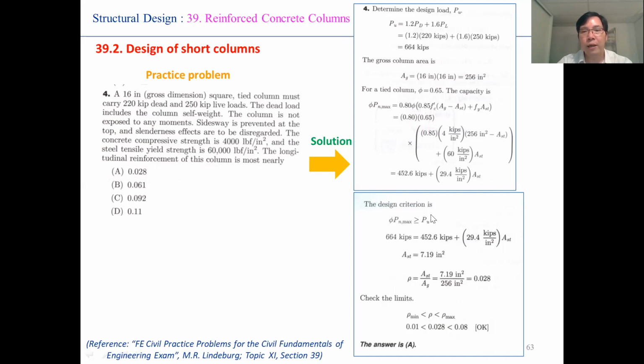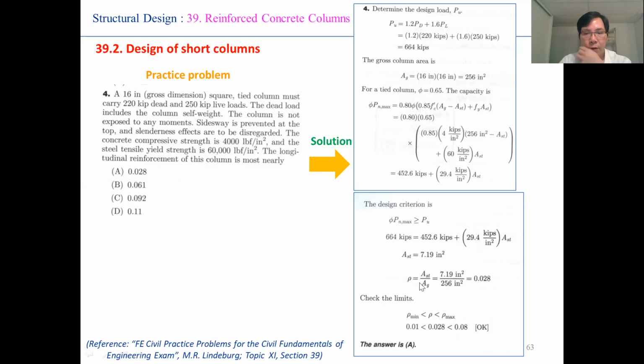After that, you can find the design criterion by this equation: phi Pn max must be superior to Pu. And from this equation, you can calculate the Ast.